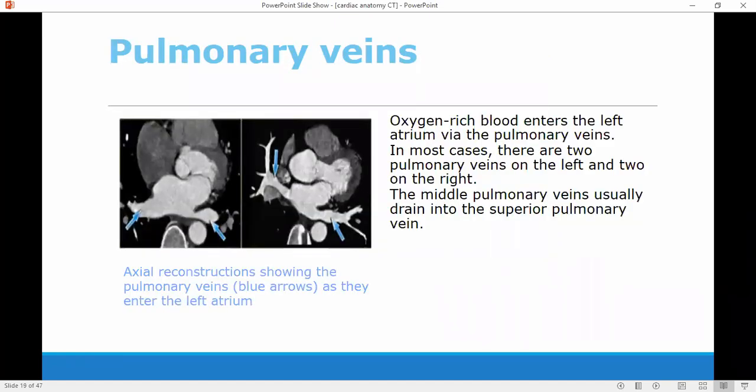Pulmonary veins. Oxygen-rich blood enters the left atrium via the pulmonary veins. In most cases, there are 2 pulmonary veins on the left and 2 on the right. The middle pulmonary veins usually drain into the superior pulmonary vein.